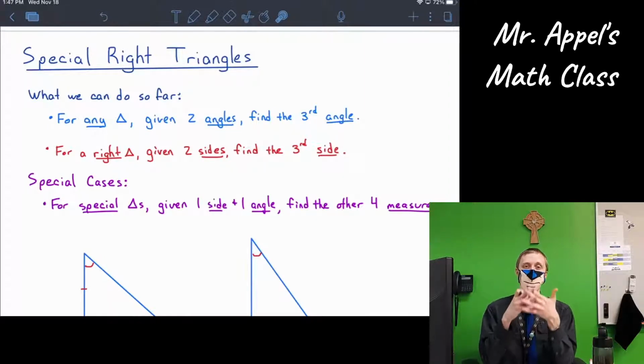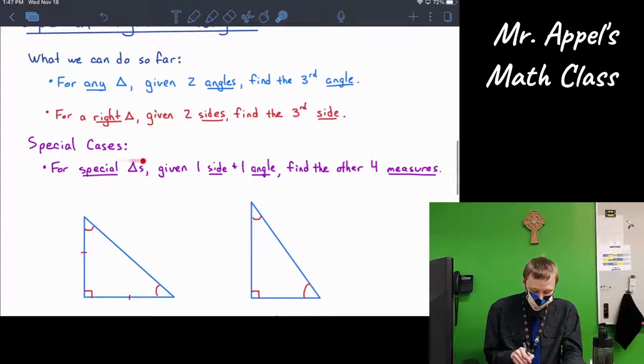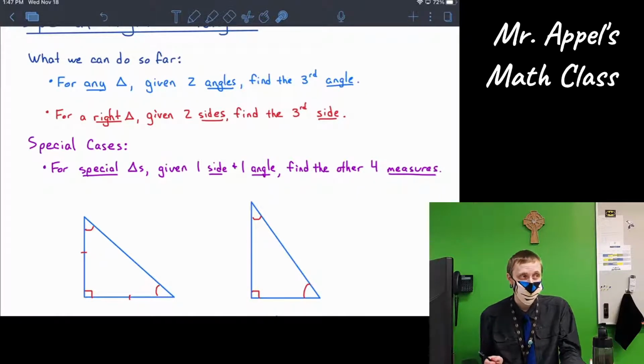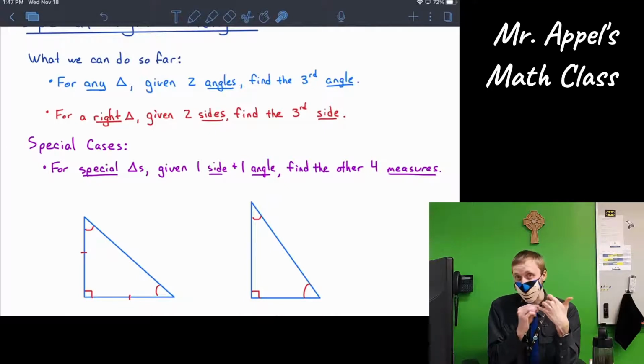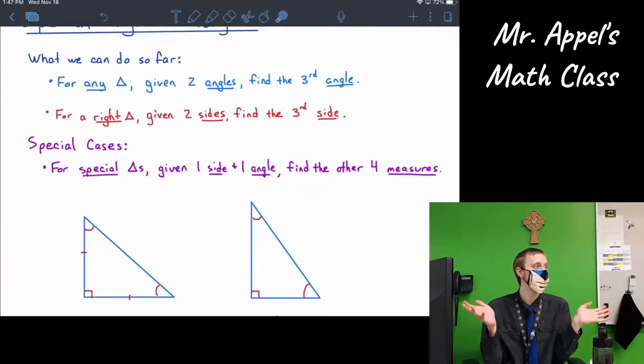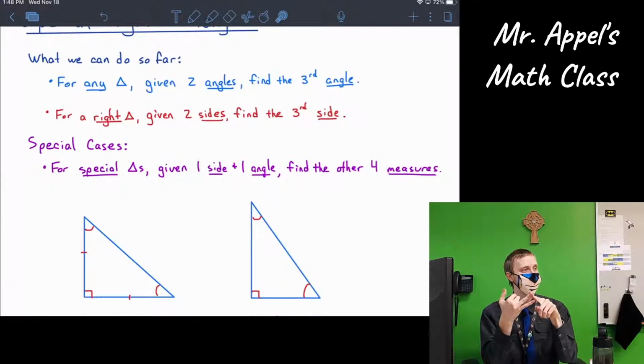There is, in fact, a cohesive relationship between sides and angles of a triangle. So for the special triangles here, given one side and one angle, you can find the other four measurements. The two other sides and two other angles. Although it's actually three other measurements because one of them is a right angle. The triangles are so special, they must be right triangles. And on top of that, we know another angle and another side.